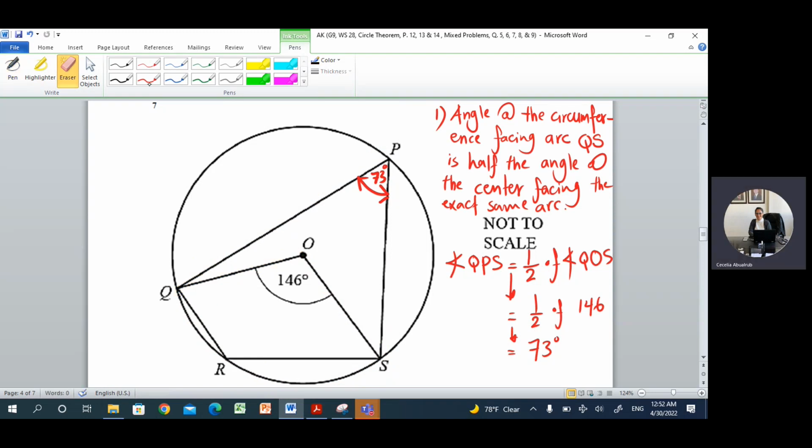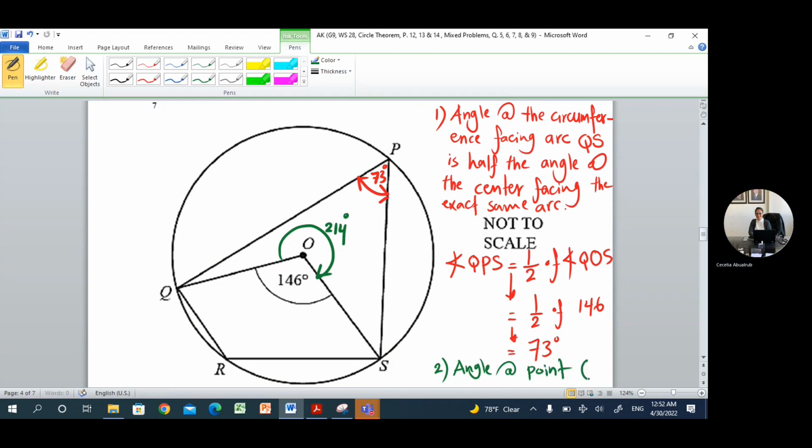Second thing that we can find is probably this angle at the center. So 360 minus 146, the answer will be 214 degrees. Let's write this down. So we're going to say step number 2, angles at point O add up to 360 degrees.